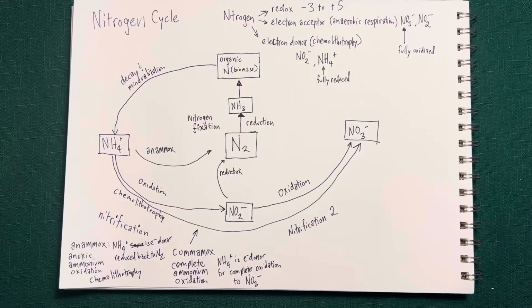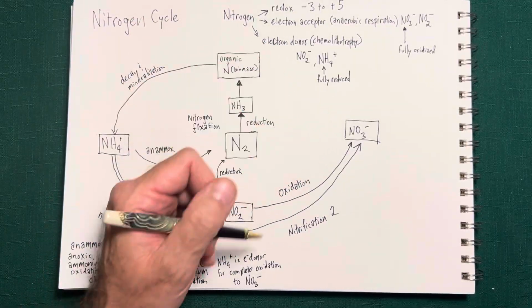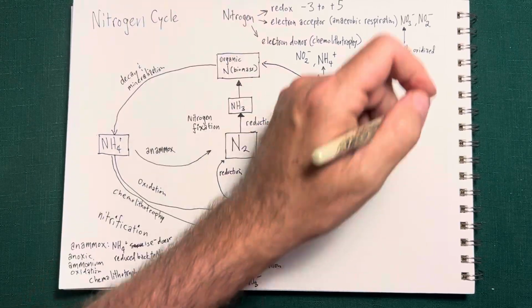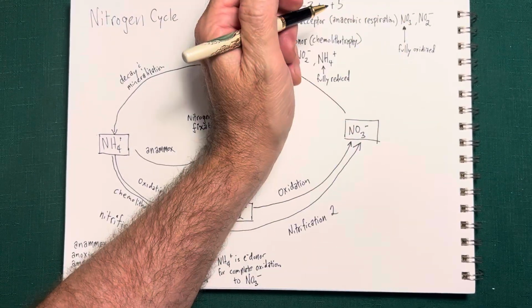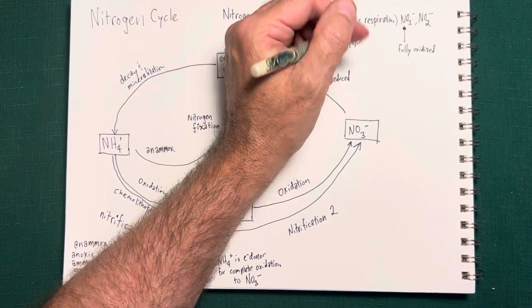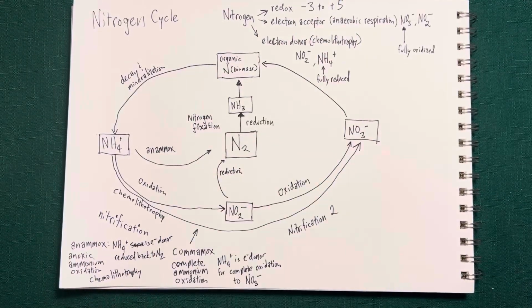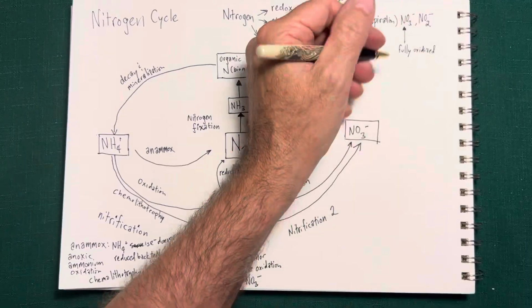But we're not quite done yet. As you notice, there's this whole space here where nitrate can actually be used by some organisms as a source of nitrogen, because it's already in an inorganic state. It's already pretty labile.